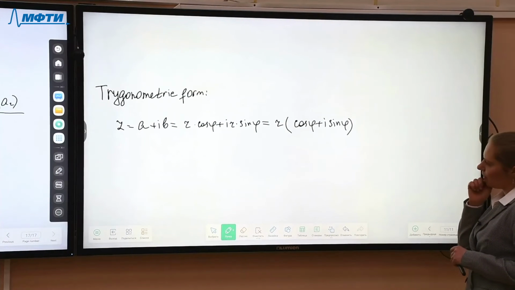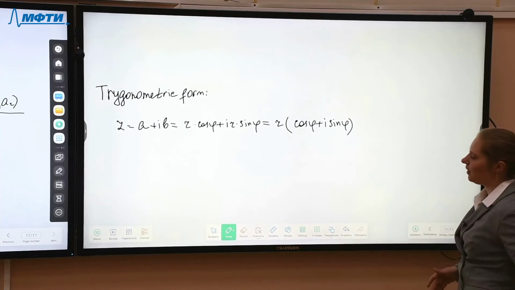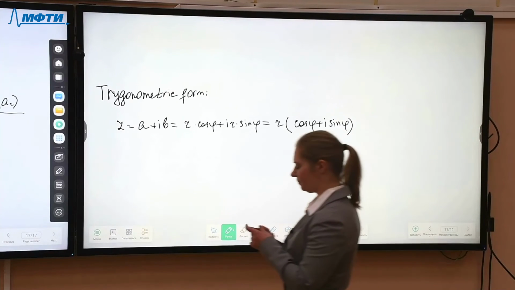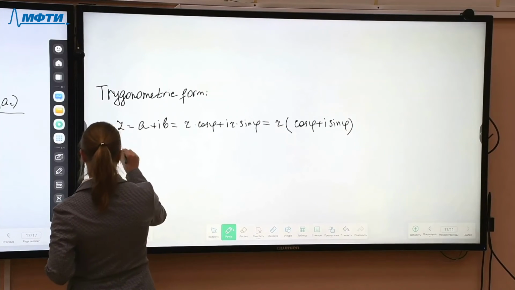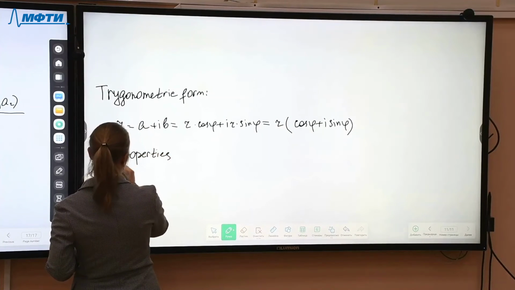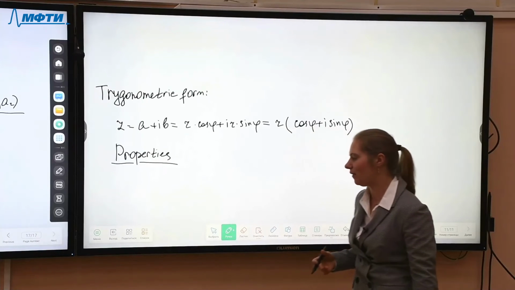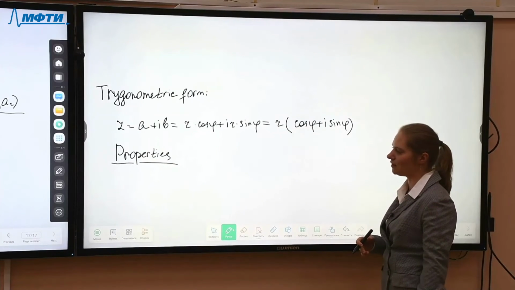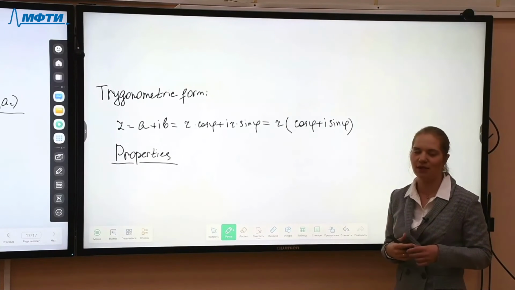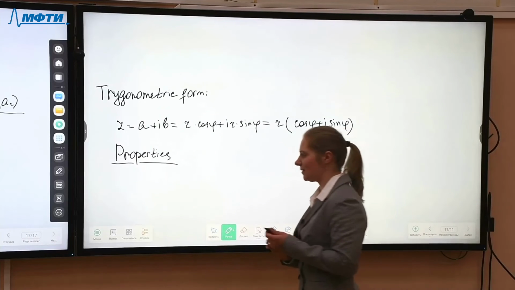Okay. Then let's consider some properties of complex numbers. In the lecture, we will prove only some of them, and the others I think you can prove by yourselves, or maybe you will consider them in your practical classes.